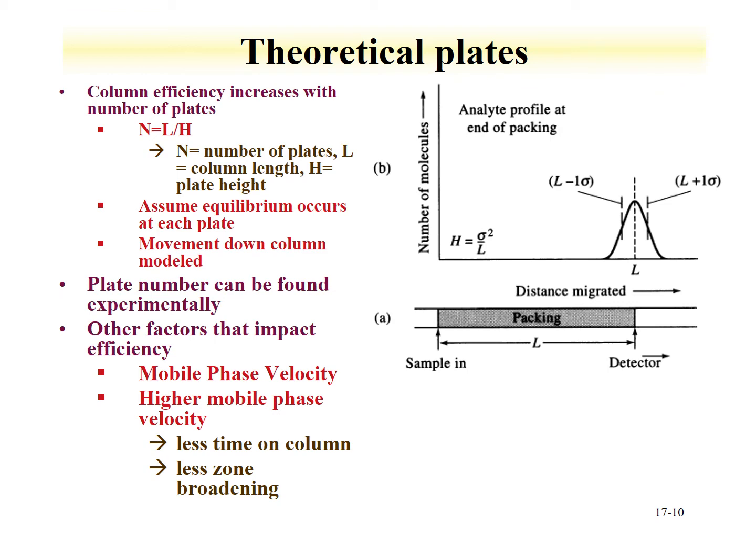Other factors: there are other factors in an experiment that can impact a theoretical plate. For instance, the mobile phase velocity: a slower flow rate can increase the number of theoretical plates. However, higher mobile phase velocities tend to mean less time on the column and also less zone broadening.